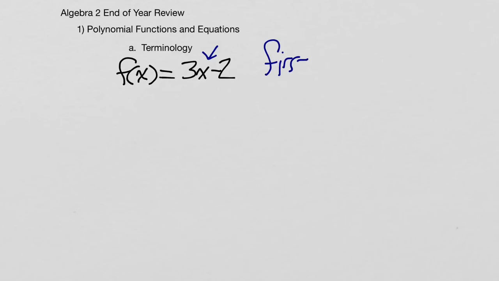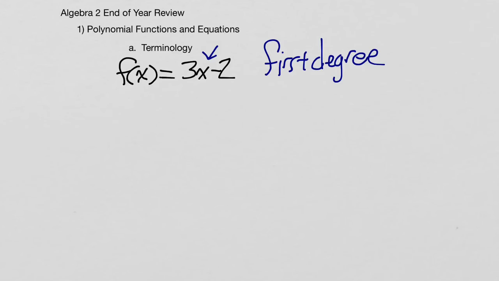So the way that this is going to come together in our terminology is if we see something that says f of x equals 3x minus 2, we are going to call that first degree, because we're looking at the degree only of the variable. Then we're also going to name it after the number of terms that are in there.